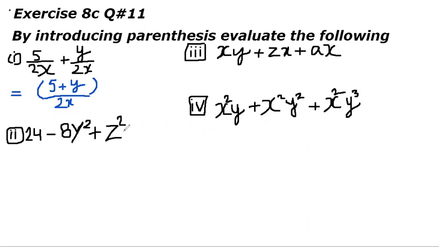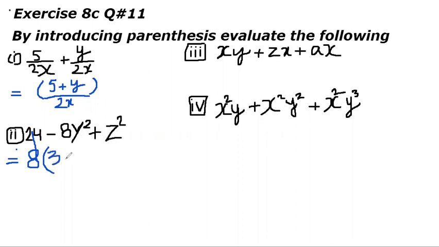All these three are unlike terms, but 24 and 8 have a common factor. To introduce parentheses, we will write 8 as the common factor, and inside the parentheses we will write, now I need to know 8 how many times is equal to 24. 8 times 3 is equal to 24.